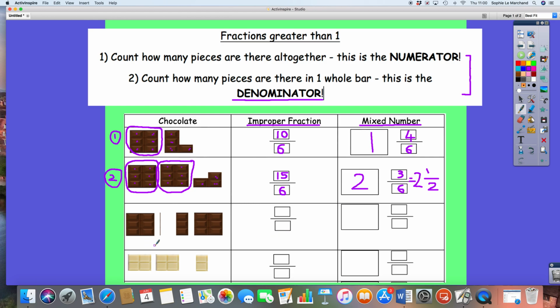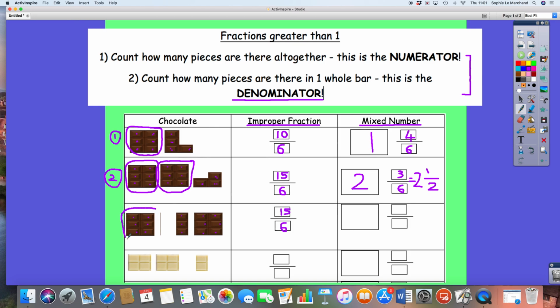Let's have a go at the next one. So, counting first of all the number of individual pieces. 1, 2, 3, 4, 5, 6, 7, 8, 9, 10, 11, 12, 13, 14, 15, just like last time. And we can see that I've got 6 that make up one full bar. So 15/6 again. Now, let's look at it as a mixed number fraction. How many whole bars have I got?